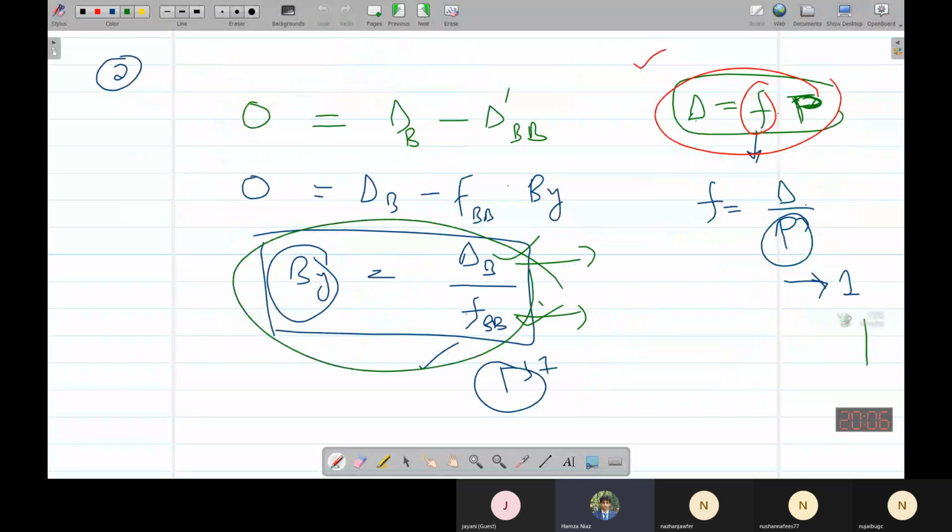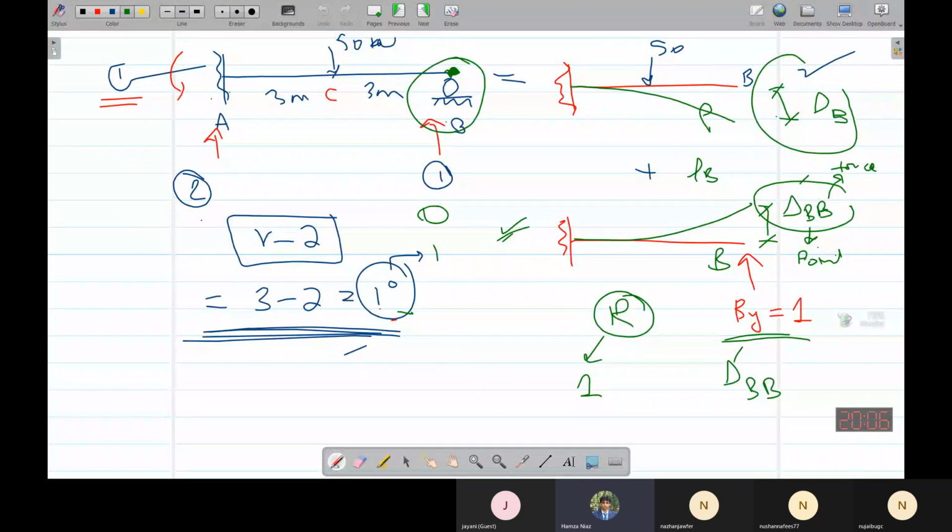So first, we have to check the degree of indeterminacy of the beam or frame, also truss. For truss, the method is almost the same, but there is just one difference. For beams and frames, we calculate the degree of indeterminacy. Then, depending on that, we derive how many redundant structures should be there.